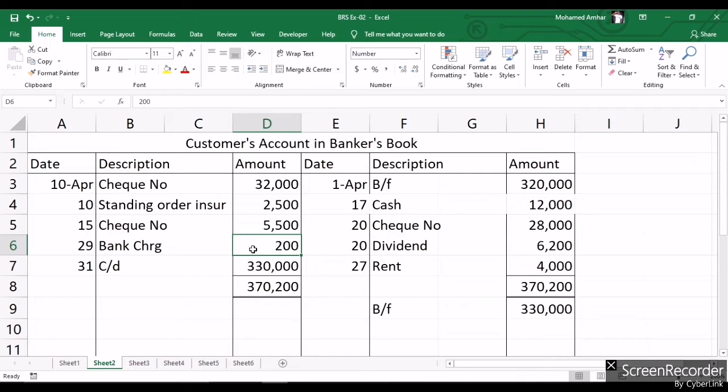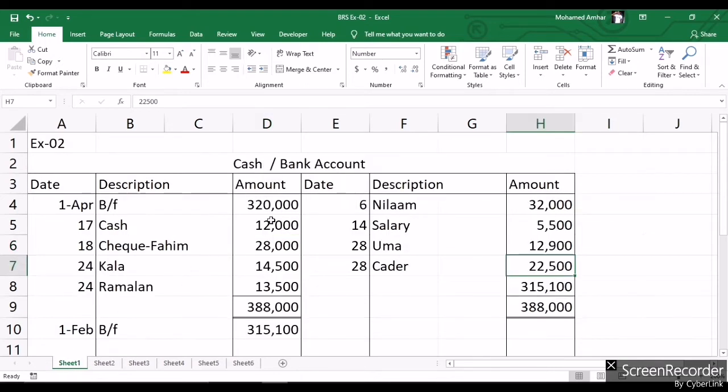But you can't see this 200 in the cash book because the organization does not know how much the bank charge is until the organization receives the bank statement, right?